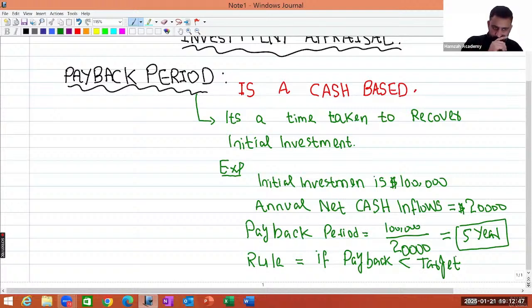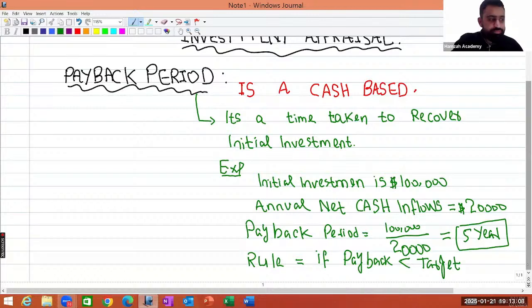And payback by its nature should be minimum, because investor always wants to recover its initial cost as soon as possible. That is the principle behind the payback.